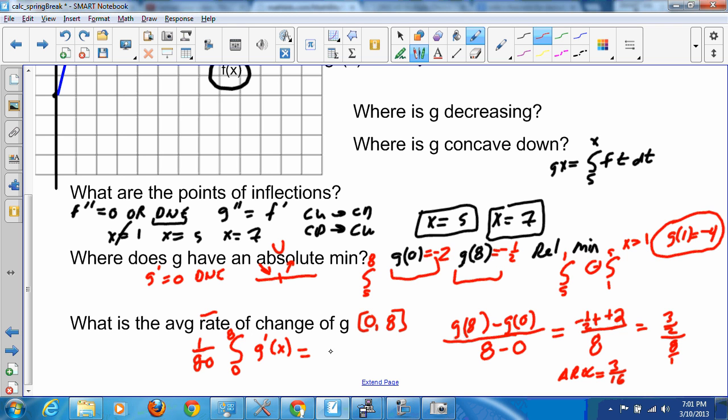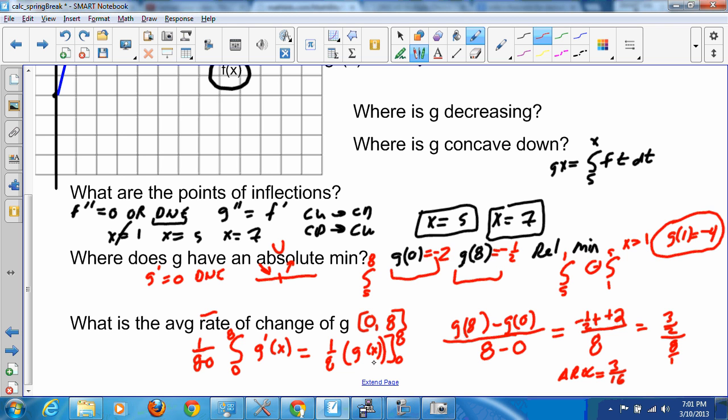So this would equal the same thing. We have 1/8, and remember the derivative of the integral is just equal to the function itself. So what we have is g of x evaluated from 0 to 8.